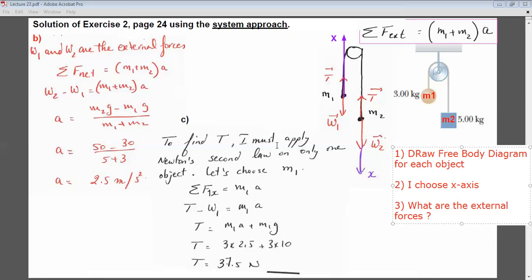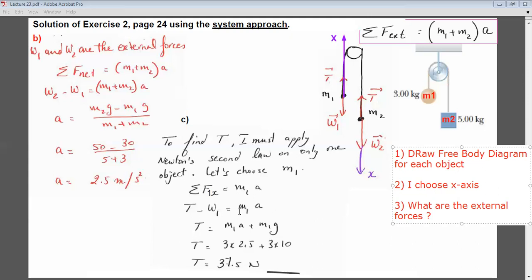To get tension, I must apply Newton's second law on only one of the two objects. You can choose to apply it on the first one or on the second one. Over here, I applied it on M1. So I have summation of F1x equal to M1A. Now I'm just applying Newton's second law on M1. So I have T minus W1 equal M1A.